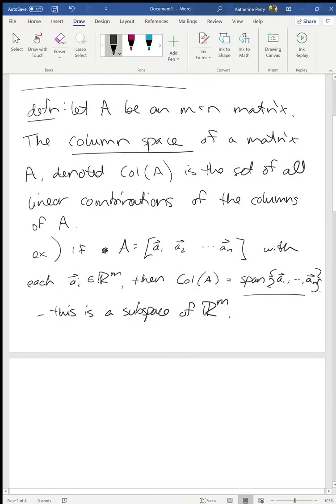Okay, and the second type of space I want to define is what's called the null space.